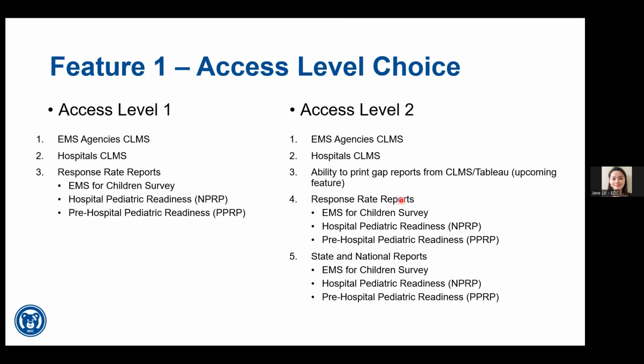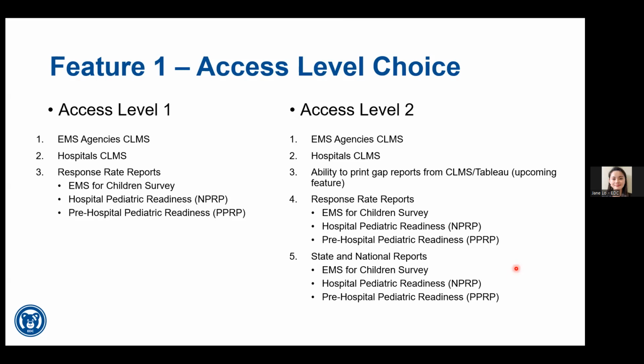In addition to the response rate and everything in claims, they will also be able to see state and national reports, again for EMS for Children, NPRP, and PPRP. The reason we do this is that we want to provide you another gate to ensure that only authorized personnel can access your PIA info or your PAC info.